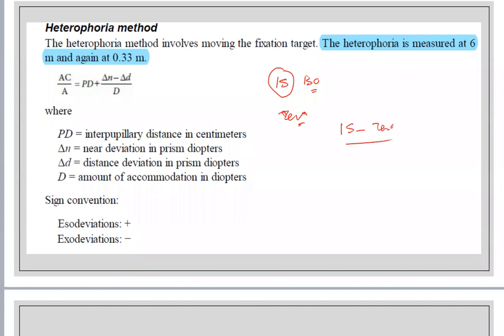And if you suppose that the near situation is at a distance of 33 centimeters, so here you consume just 3 diopters. Okay, so the amount will be 5 to 1. But if you take into consideration the pupillary distance, which is almost 6 centimeters, this will result in 11 to 1. And this is to be mentioned.